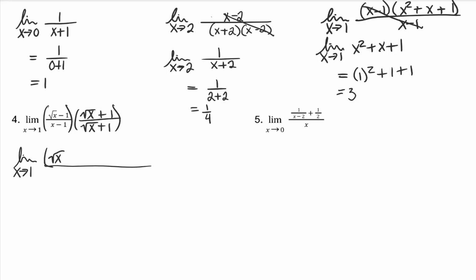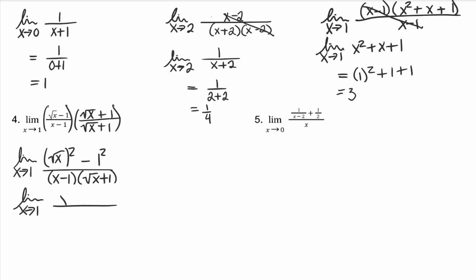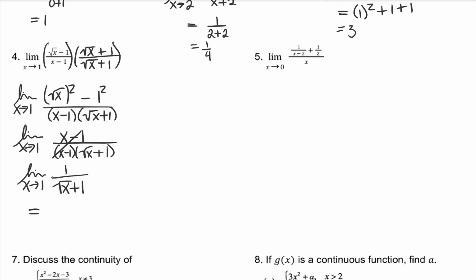So root x squared and then minus 1 squared. That is simply x minus 1 over x minus 1 times root x plus 1. X minus 1 over x minus 1 does reduce. And now it's time to direct substitute.